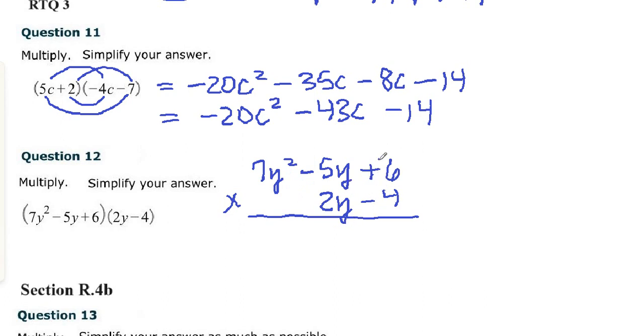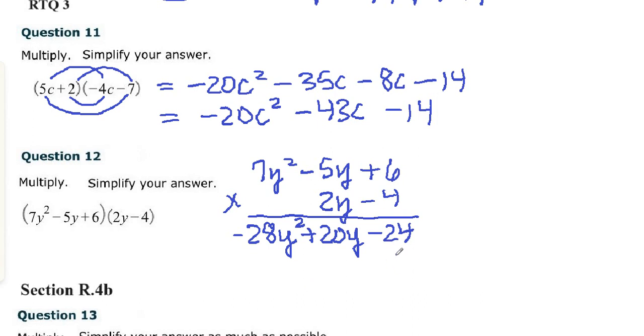So -4 times 6, -24. -4 times -5y, positive 20y. -4 times 7y squared, -28y squared.